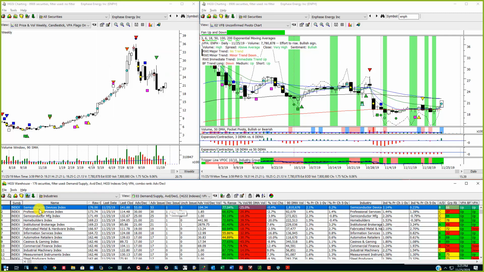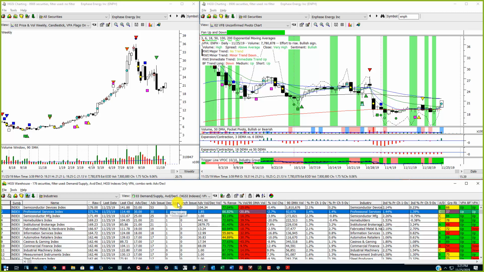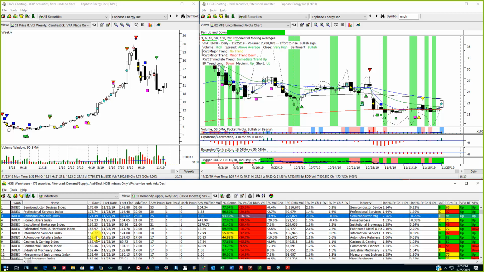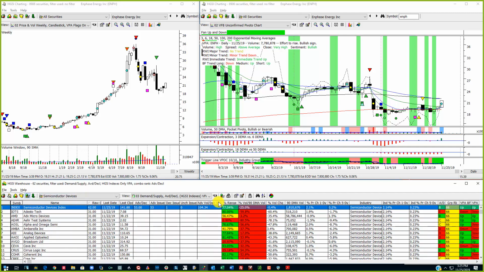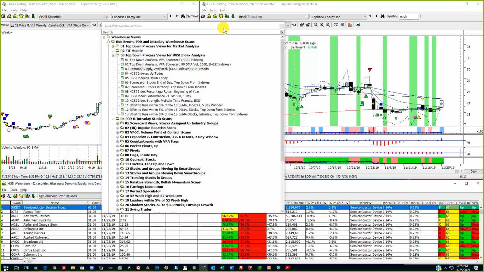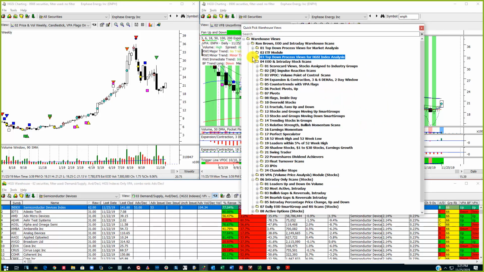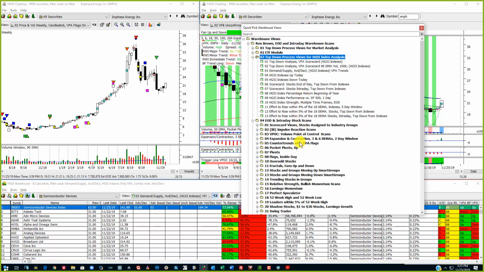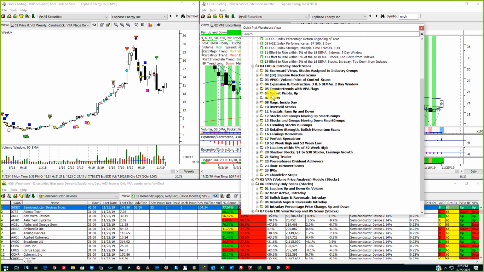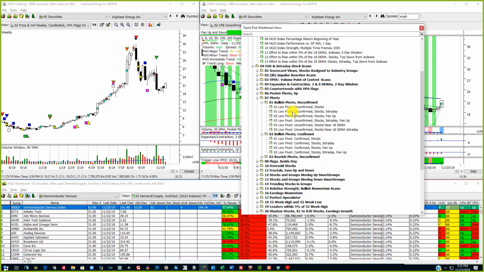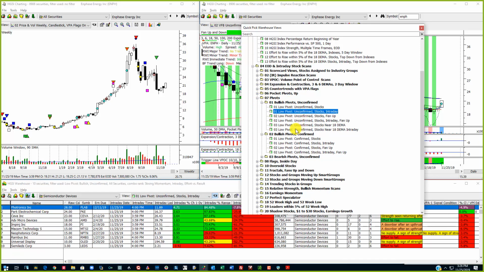You can see the semiconductor devices are on top, professional services number 2, semiconductors number 3. So I'm going to change to the industry group on devices. And now I'm going to go back to my pivots and let's see if anything comes up. Okay, why can't I see them? Here they are. Low pivots unconfirmed intraday.